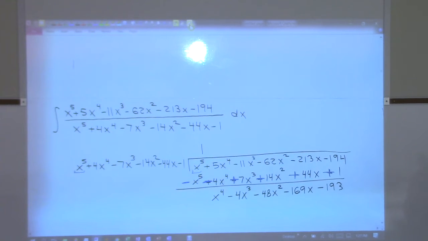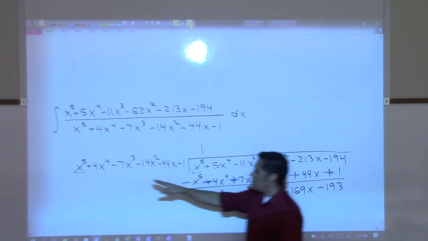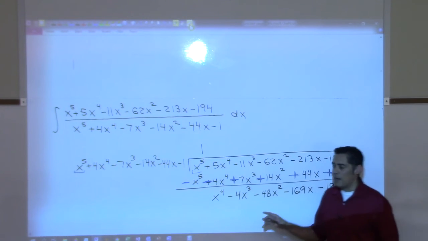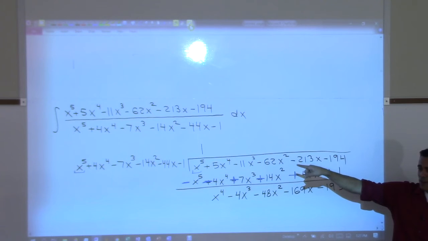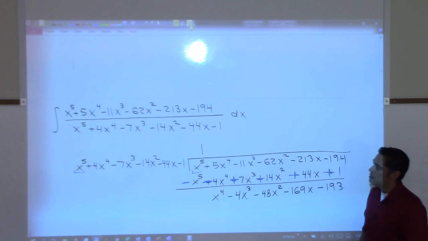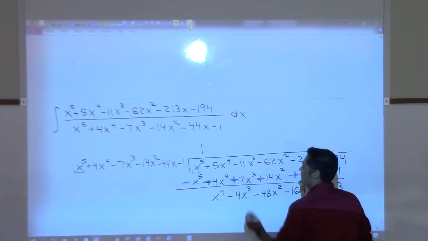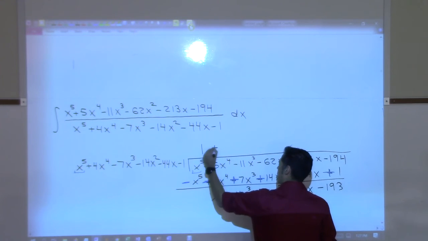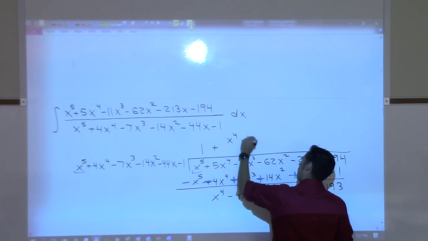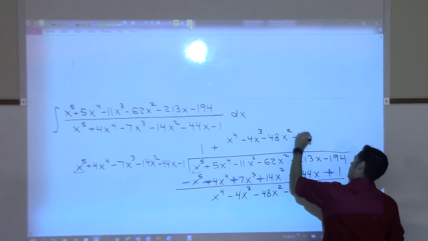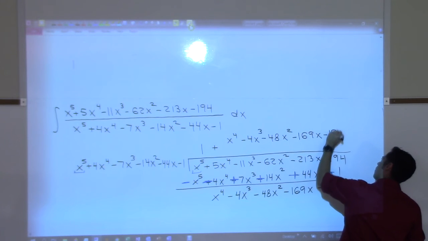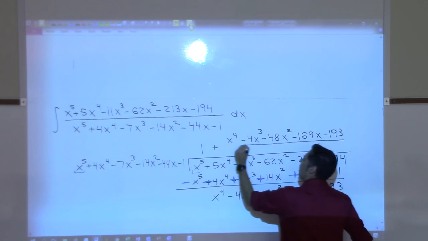All right, so here's where we are. Can we make x to the 5th turn into x to the 4th? No, this is where we stop. So this is our remainder over our divisor. So what we have is 1, plus the remainder, all over the divisor.